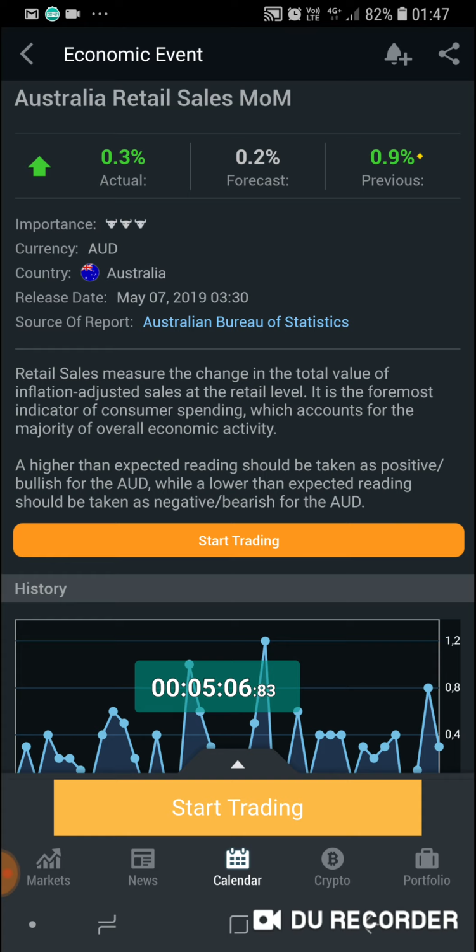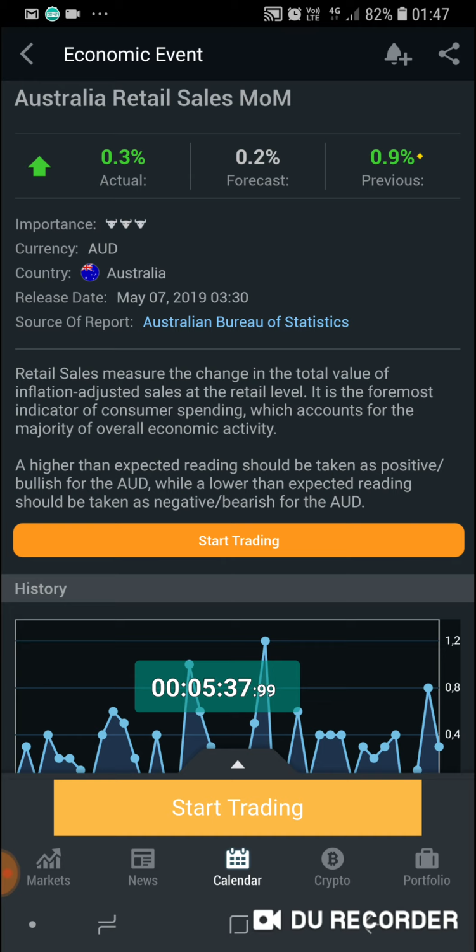Now, in short, whenever we are having a news release, we always have three things involved. We've got previous, which is data for the previous term. It can be a previous month, a previous week, or a previous quarter. I'm not sure, it all depends on the nature of the event at that moment, but previous means that it's something from the past.